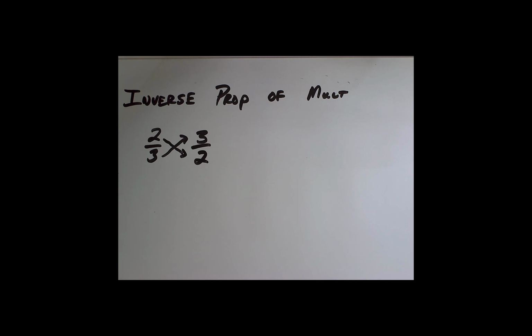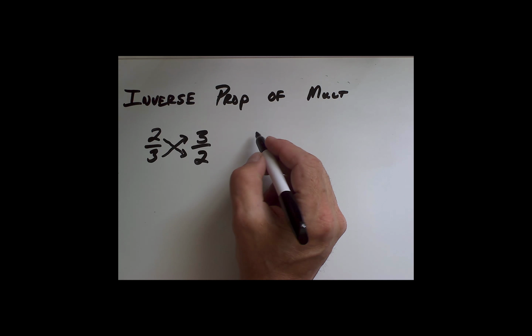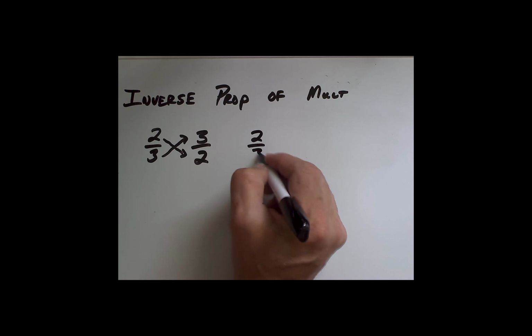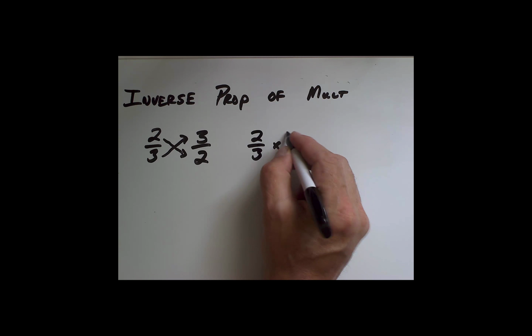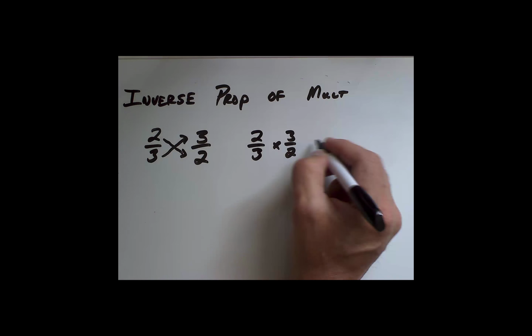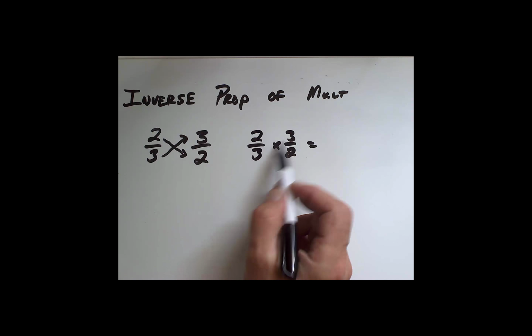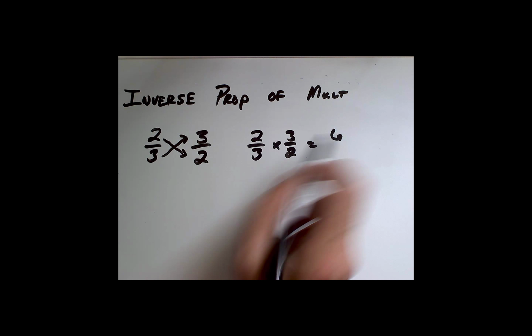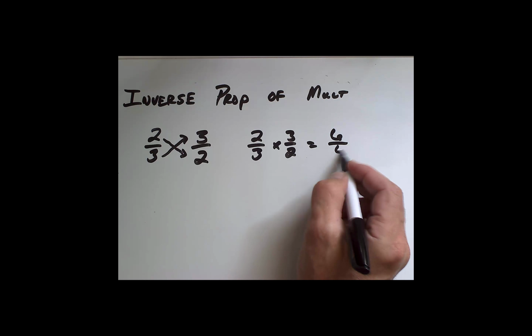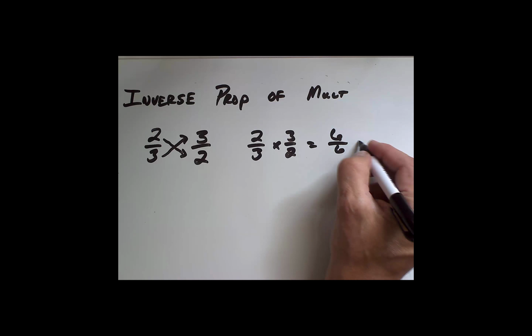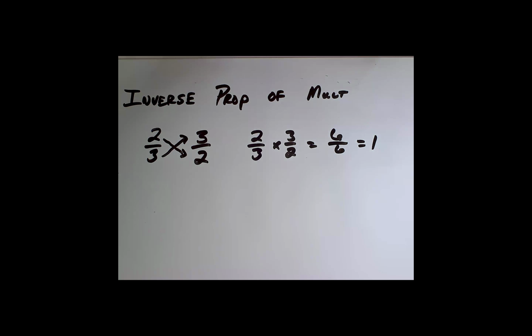Now, if this holds true that this is the inverse of itself, then if we multiply it together, it should equal 1. Let's take a look and see if that happens. 2/3 times 3/2 equals, well, 2 times 3 is 6, and 3 times 2 is 6, and 6/6 equals 1. So this holds true. 2/3 is inverse to 3/2.